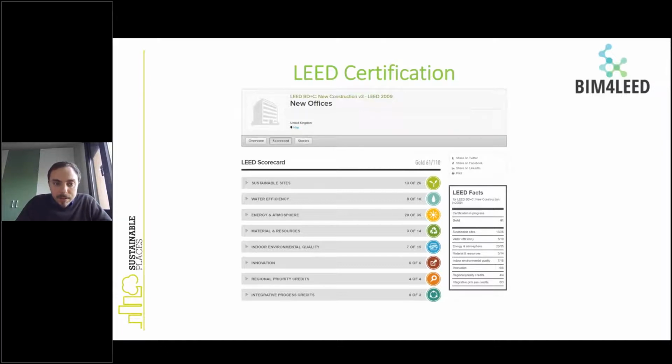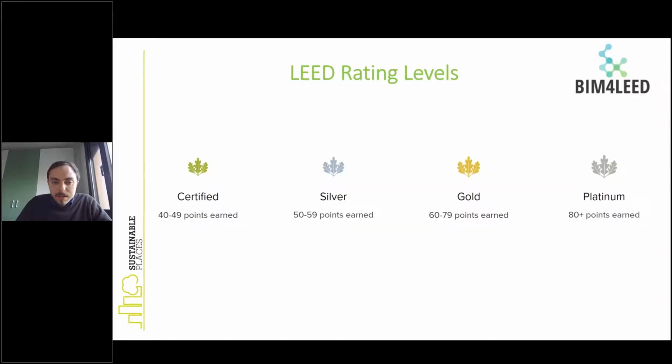This is an example of a LEED certification that you can find online, because all the LEED certifications are published on the GBC website. As you can see, this building is LEED Gold and has 13 points of 26 for sustainable sites, 8 of 10 for water efficiency, and you can see how this building reached the LEED Gold certification.